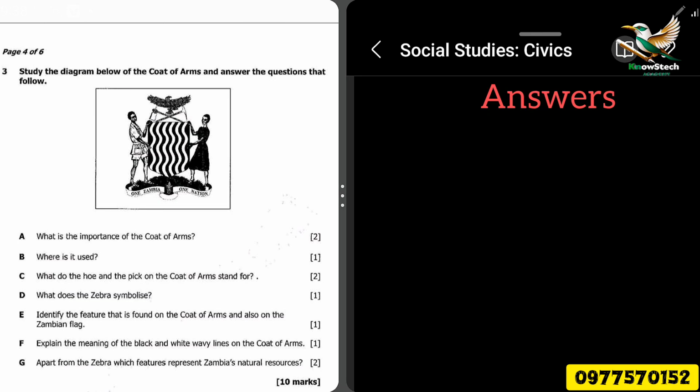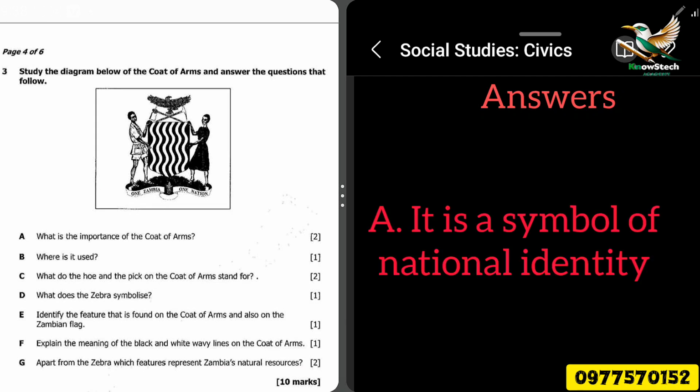So this question reads, study the diagram below of the coat of arms and answer the questions that follow. What is the importance of the coat of arms? The coat of arms is a symbol of national identity. It symbolizes the nation to which one belongs.